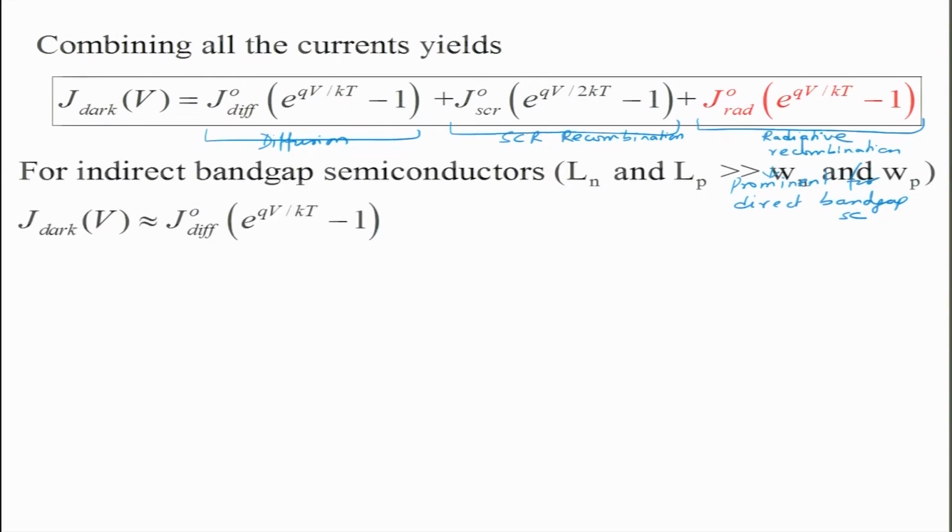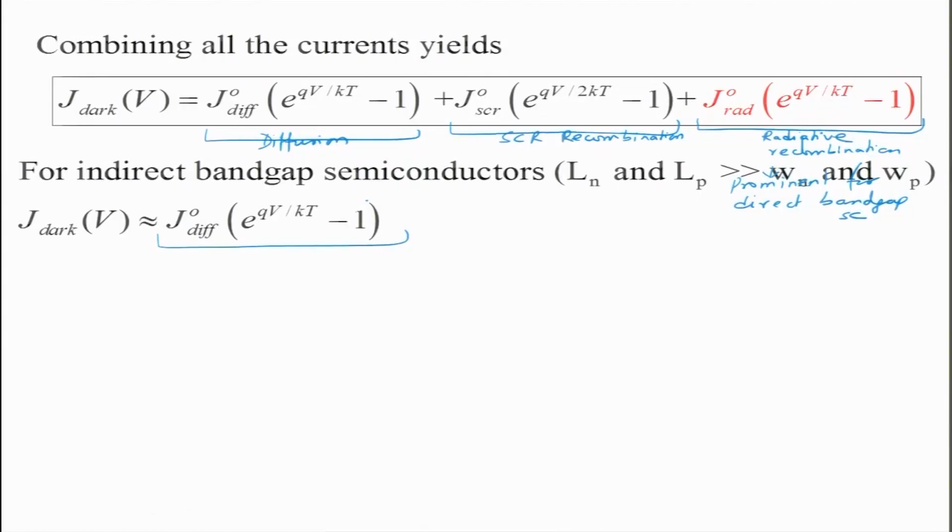So for indirect band gap semiconductors, generally Ln and Lp are much larger than Wn and Wp, and as a result, for an indirect semiconductor like silicon, the dark current is generally diffusion limited. When the diffusion distances of carriers are longer, which means they can be alive for longer distances, they do not recombine too much in the space charge region, and even the radiative recombination is smaller in indirect band gap semiconductors anyway, because you have to have a phonon assistance there, and that does not enable the recombination very easily.